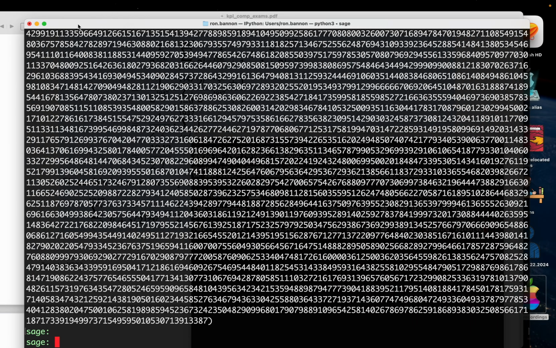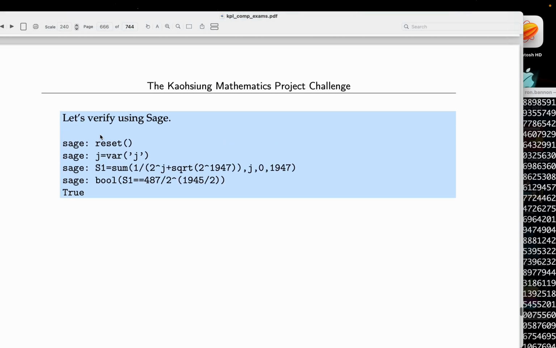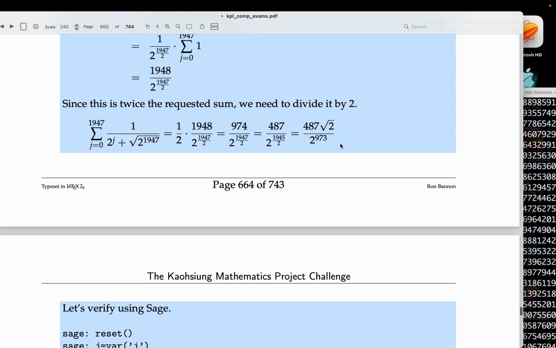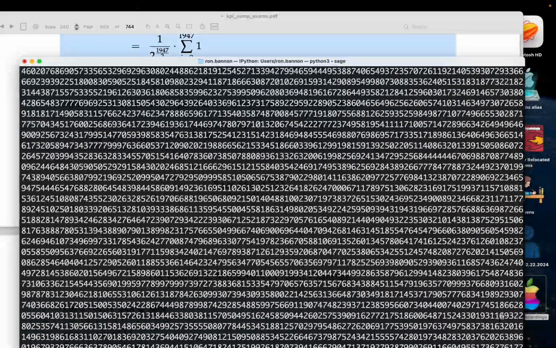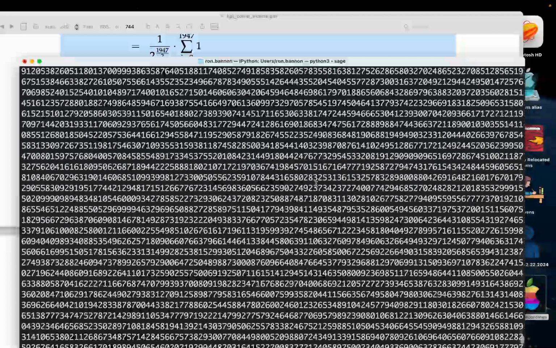I'm over here. So what I want to do is go back to the Sage code. I'm wondering, is that the same answer I got? Because the answer I got was this one over here. I think my answer looks better than their answer. Now, someone says, why does their answer look so wacky? I think number one reason is they probably expanded to 2 to the 973, and that's why this looks so wacky. You know, let me just see at the beginning of the number.